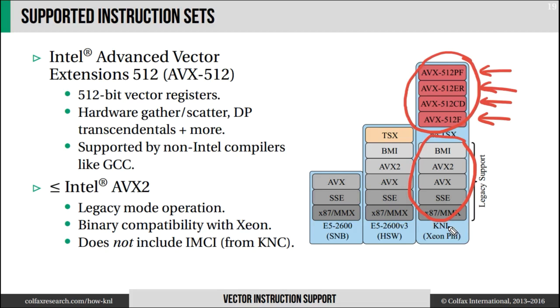Of course, it will not achieve the optimal performance, but at least it will run out of box. So AVX512 is the instruction set that you want to use for maximum performance. But you can also count on KNL being able to run legacy instructions such as AVX and SSE for compatibility reasons.